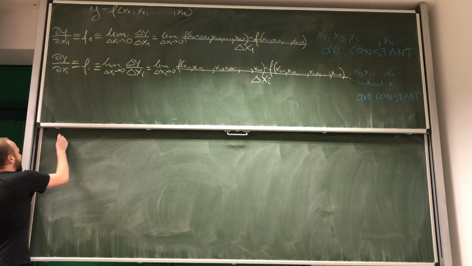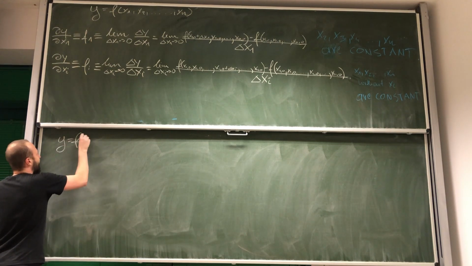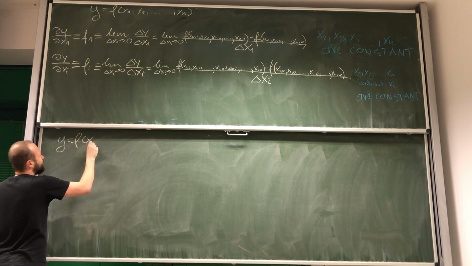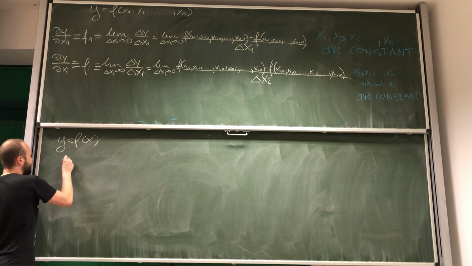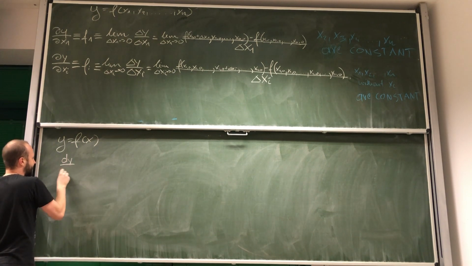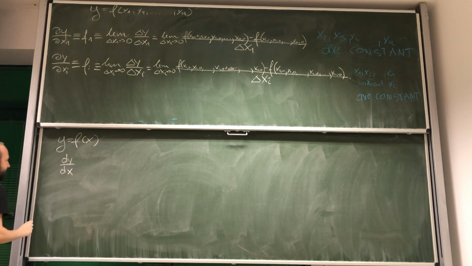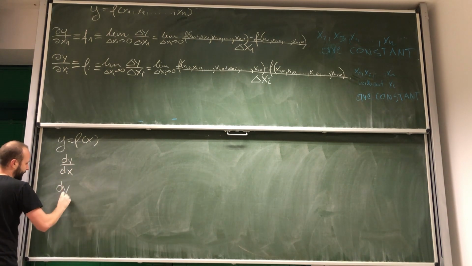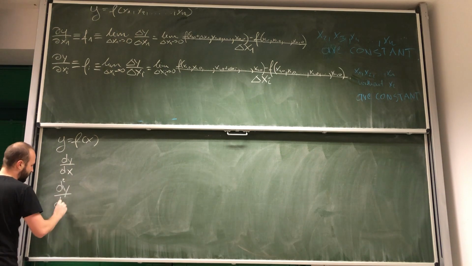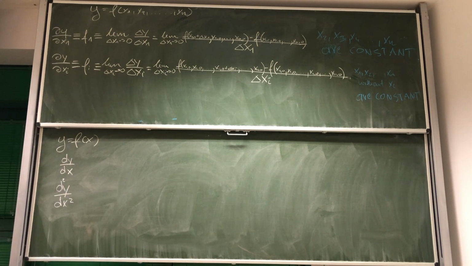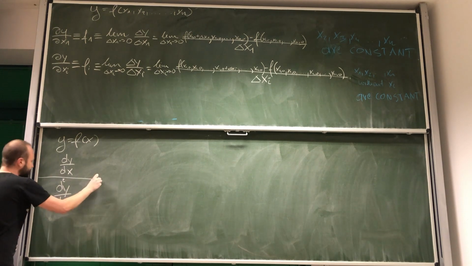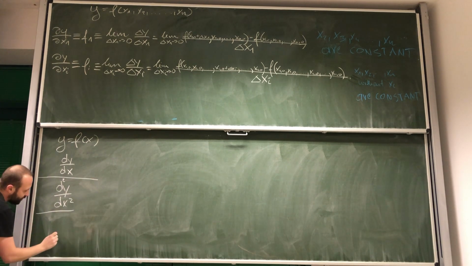Look, if I've got y equals f of x, then I can calculate one derivative dy dx and one second derivative d square y dx squared. So in principle I can calculate here a total of one second derivative.